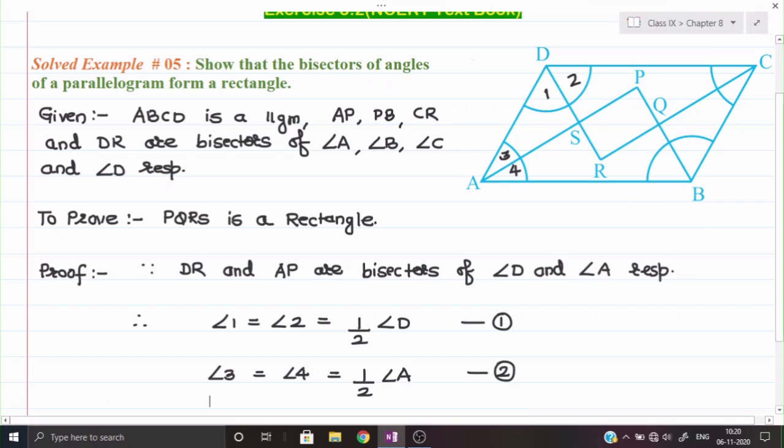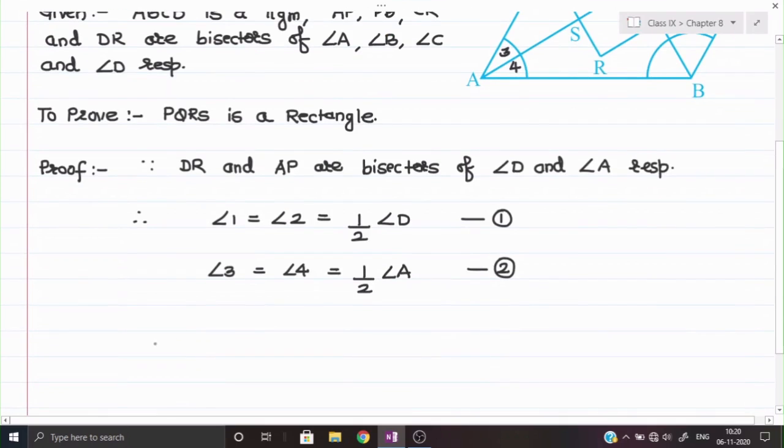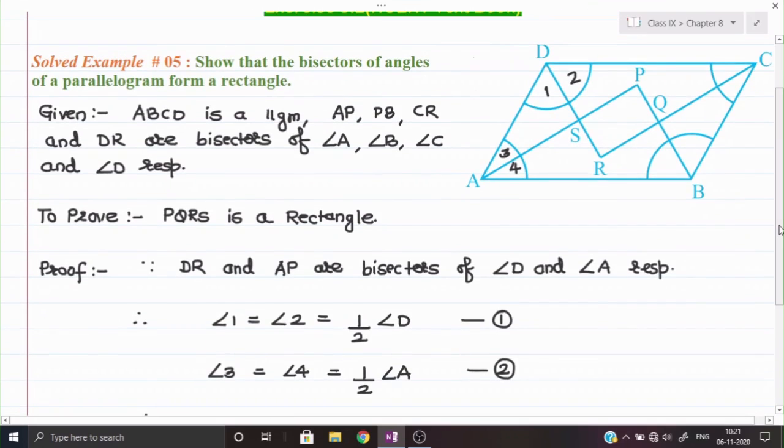Okay, now further if we go, first of all you see, since ABCD is a parallelogram, it is given in the question, therefore you know that the sides opposite to each other in a parallelogram are parallel. So we can say that AB and CD are parallel, and if AB and CD are parallel, then angle A and angle D will be the interior angles and their sum will be equal to 180 degrees.